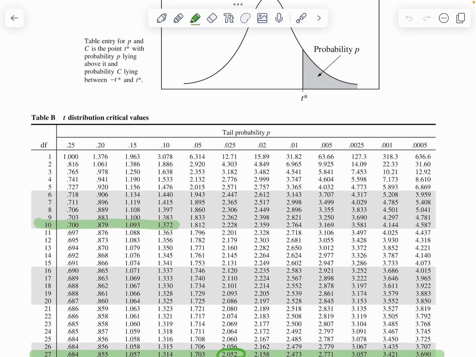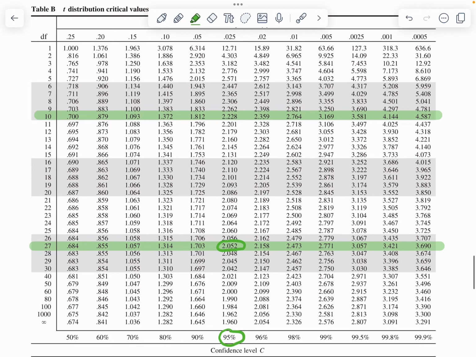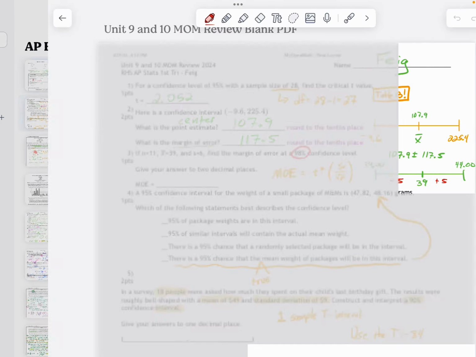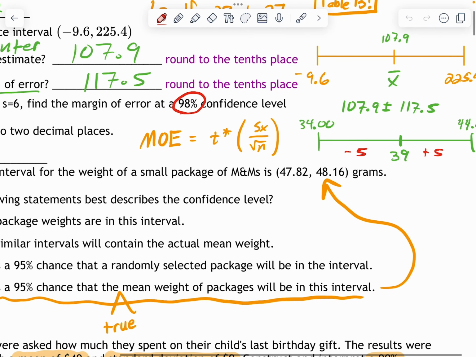So I'm at 10, and I'm at 98, so 2.764. Let me see if I can remember that. So piecing this together, I know my t is 2.764.